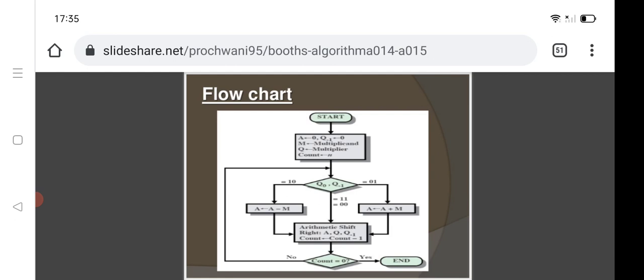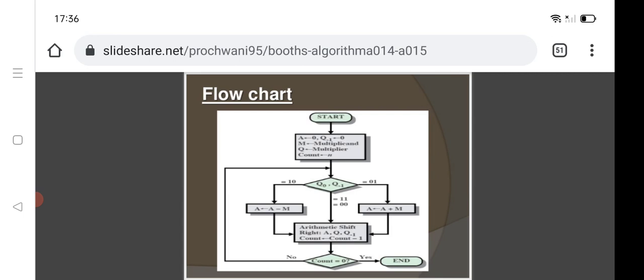Next, we have taken one more 1-bit register to store the carry bit, which is known as Q minus 1, and we are loading it with 0. So this is nothing but an initializing step. Later I am going to keep a count value as n. N is the number of bits in the multiplier or multiplicand.